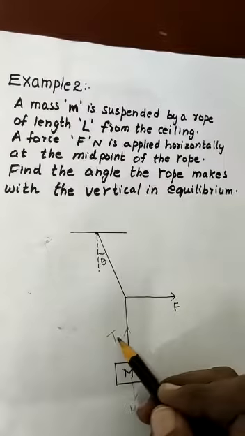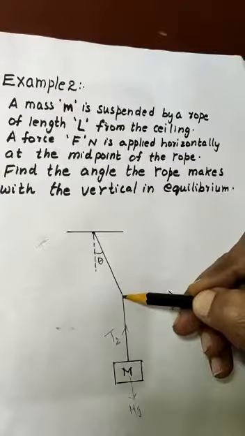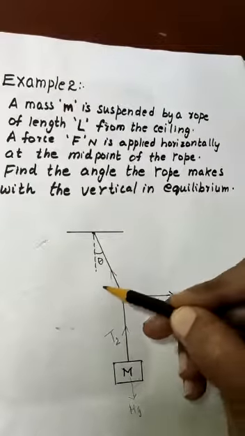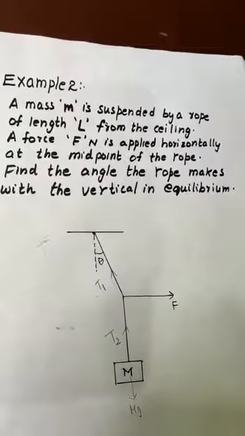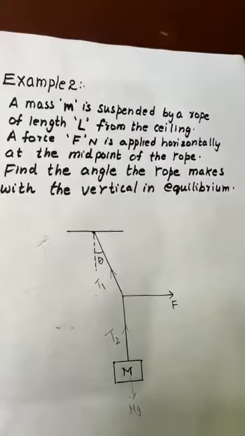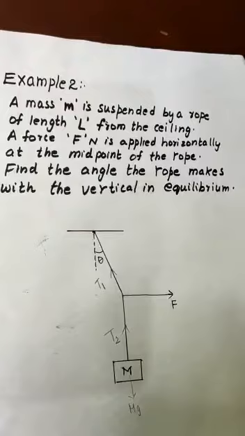Let us take this tension as T2, and there is, for this part, another tension, say T1. Now if you look at the forces, T2 is along the y-axis and F is along the x-axis. But T1 is neither along the x-axis nor along the y-axis.